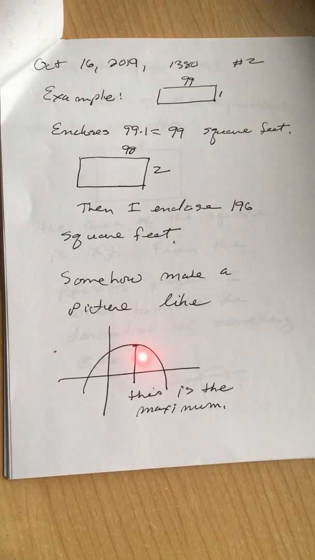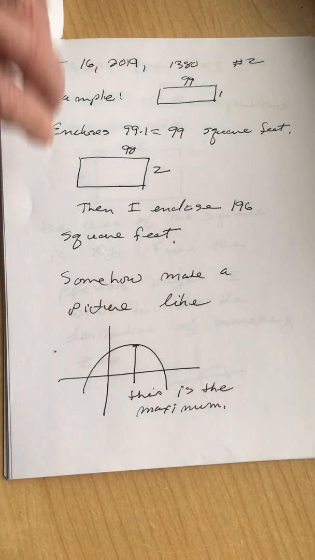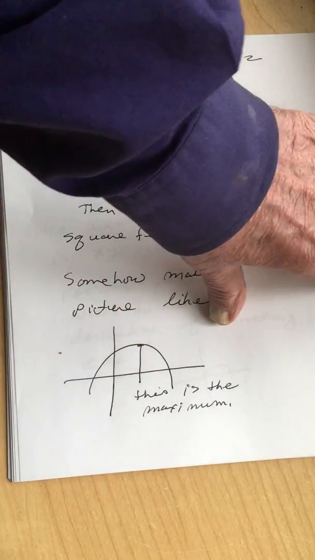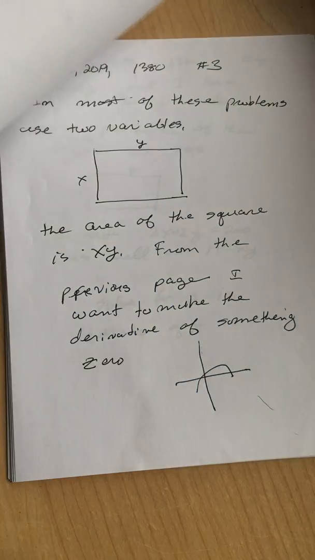After all, why have I been teaching all this stuff? And then look for a local maximum. That will help me. Then I can guess, well, maybe that's the real maximum. And in these problems, it's always going to be. So we want to try to make some kind of a picture of the kind we've been looking at and see if we can find a local maximum in that way and hope that it's a global maximum.